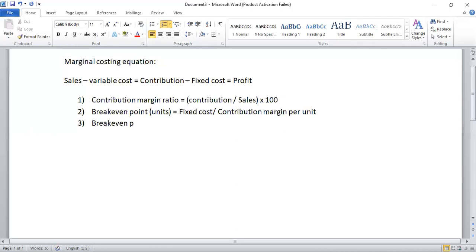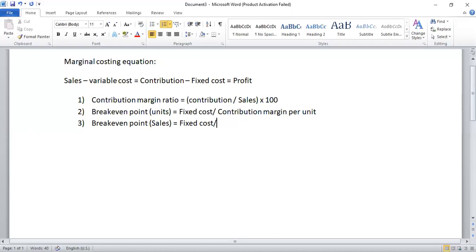Now, if we have to find out the break-even point in sales value, in dollar value, we need to know how much value of sale should be made so that there is break-even. That also is equating fixed cost and the contribution.